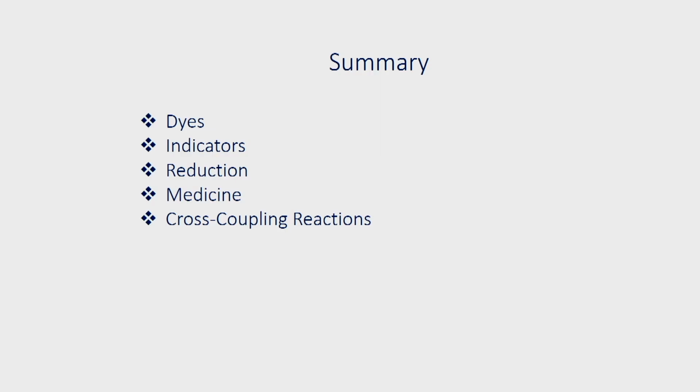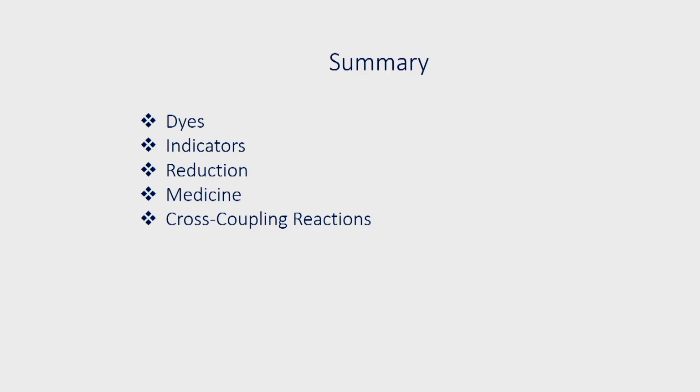Then we have seen the application of diazonium salt for the synthesis of a drug molecule, which is used widely in urology. We have seen one example. Then we have seen some examples of organic transformations. We have the azo compound, which can be readily reduced using Na2S2O4.